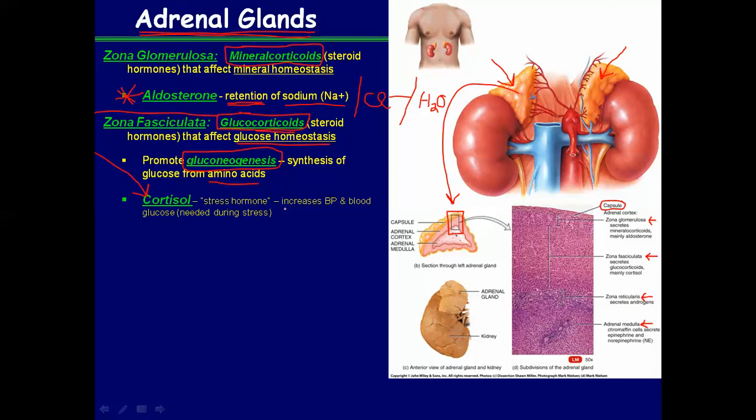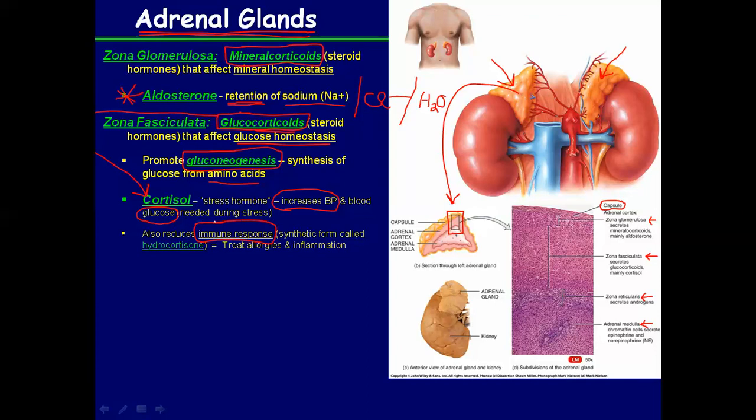One is it increases blood pressure, which is required under times of stress. It increases blood sugar, which is in need during stress. And it also inhibits your immune system. So this is an interesting effect of this hormone, it lowers your immune responses.